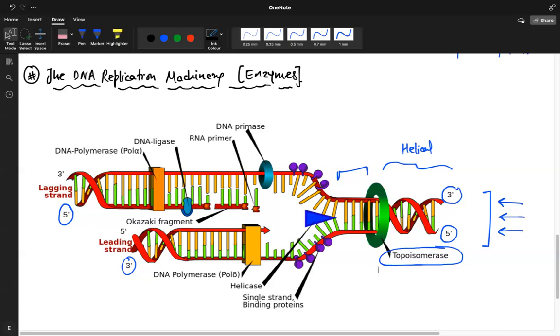Topoisomerase is the enzyme that helps in unbinding the helical DNA into non-helical form.